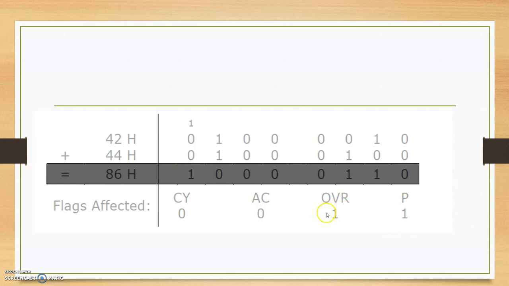To check the overflow flag, C6 is 1, that is the carry from the 6th bit to the 7th bit, the second last carry, and the last carry is 0. So 0 XOR 1, you get 1. So the overflow flag will be set.